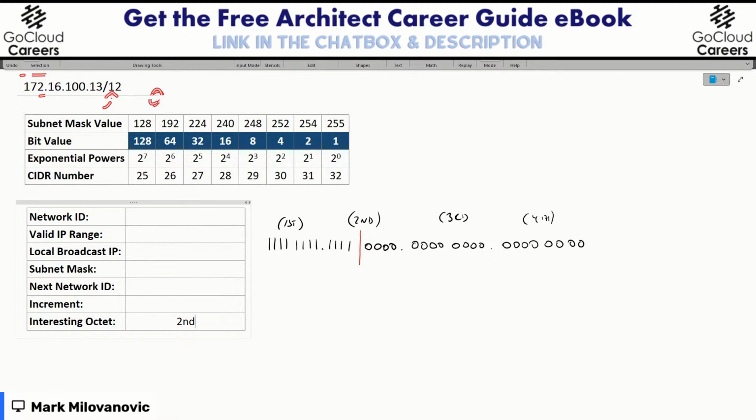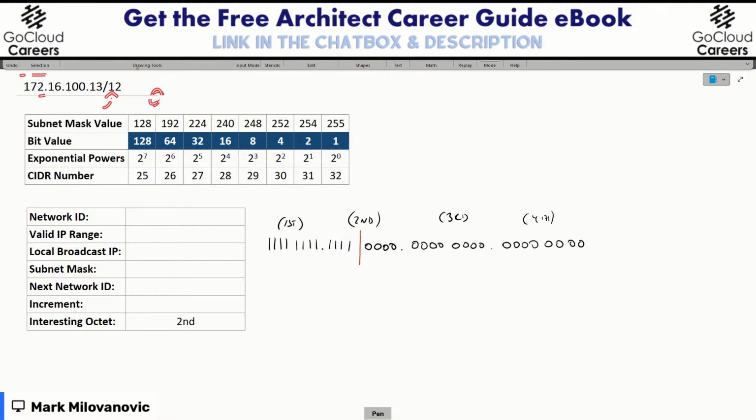Next, I want to figure out what is my, well, in this case, we can probably also figure out the network portion, right? But let's figure out the increment first, because it's going to help in figuring out the network. So what is my increment? I need to look at this particular section here, because those are my network bits, right?